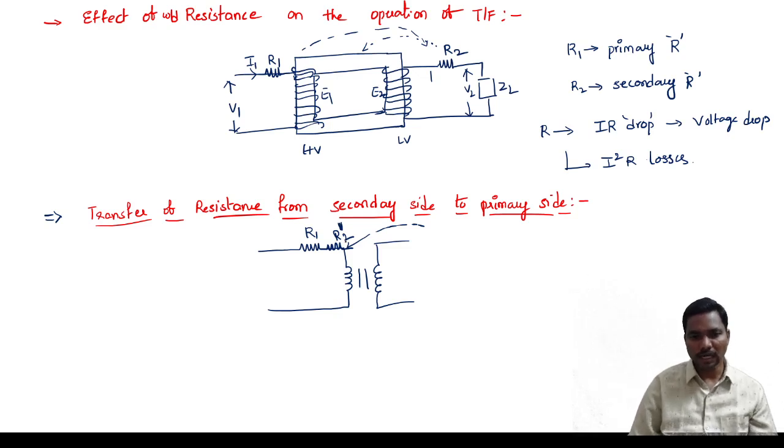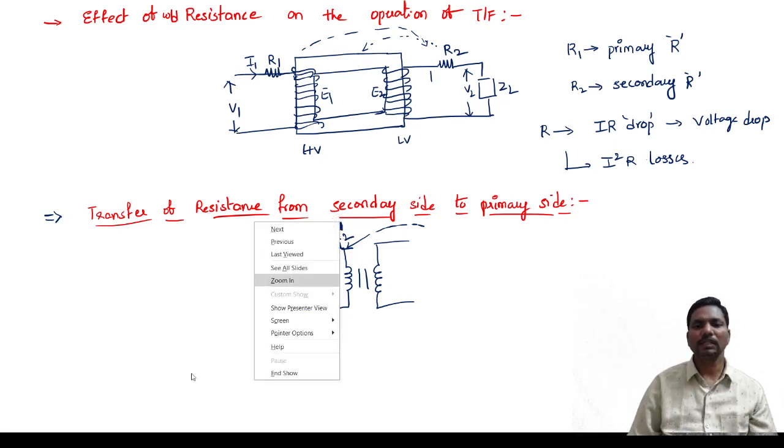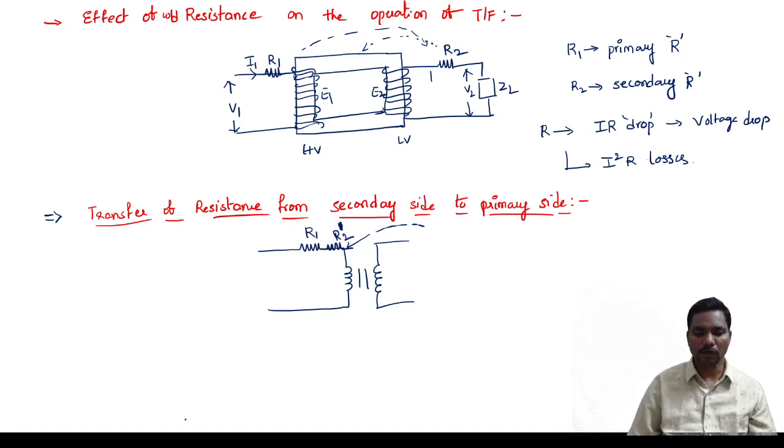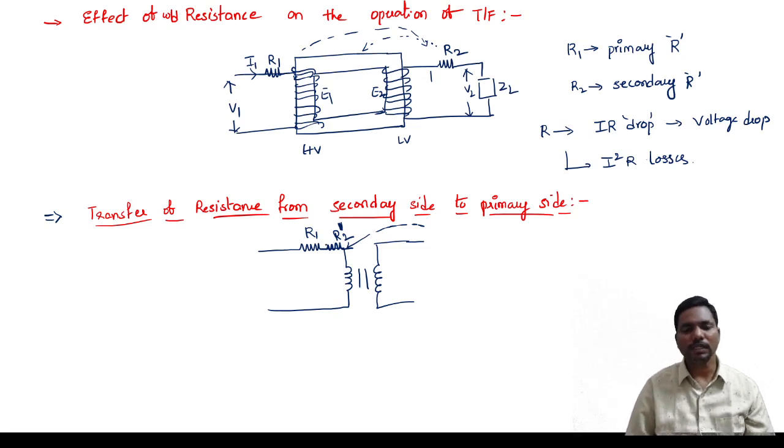It is the resistance of the secondary side, but converted to the primary, so the representation is R2 dash. All of you clear now? R2 dash.